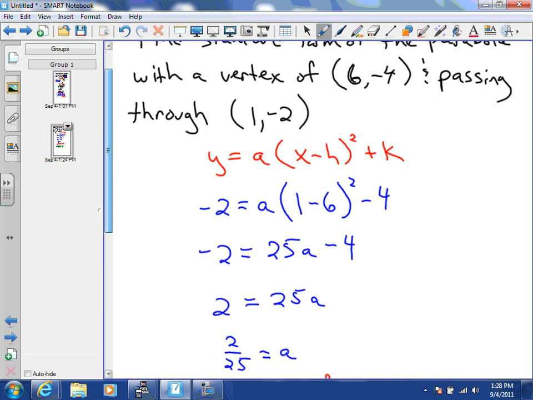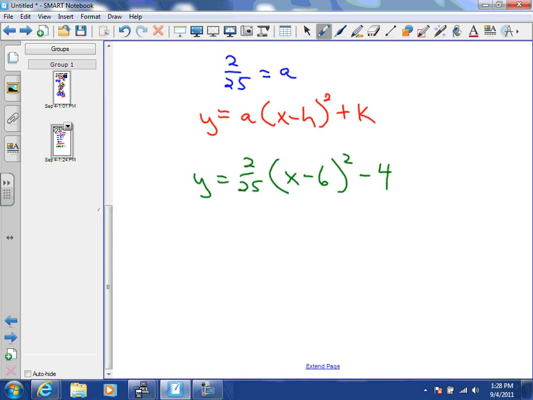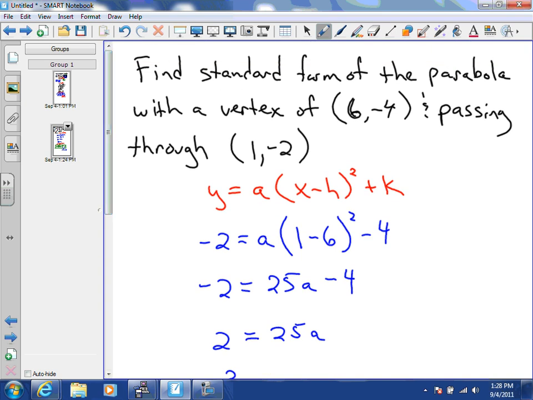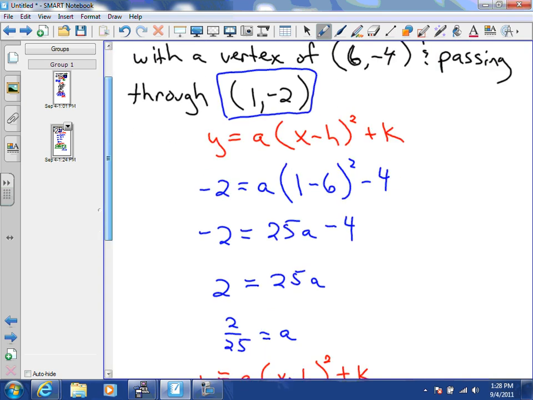So x minus 6 squared, right? 6 comma negative 4. That should be it. You can see the vertex by looking at this form. Okay, the vertex is positive 6, negative 4. That is what it was supposed to be.